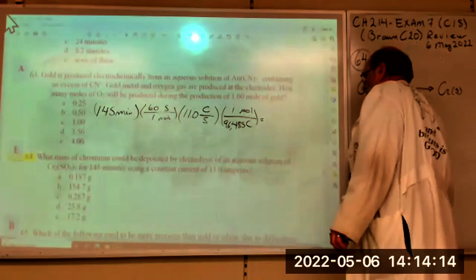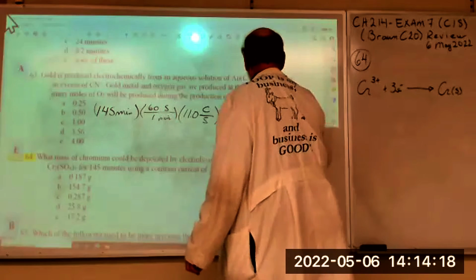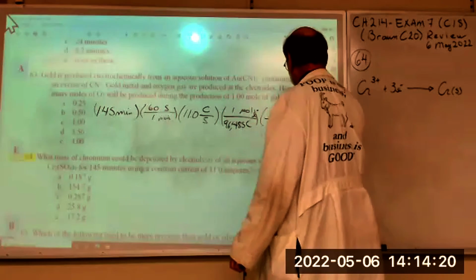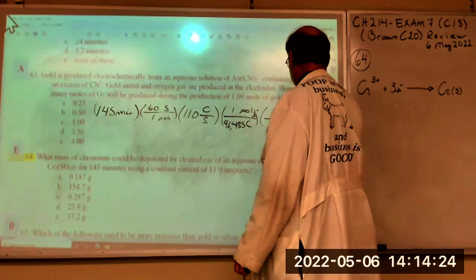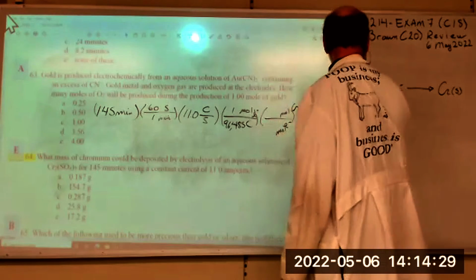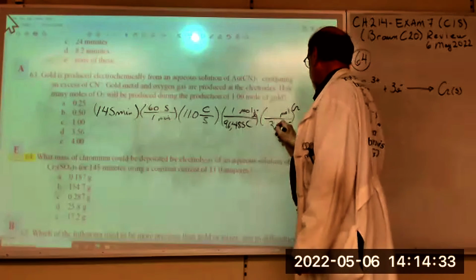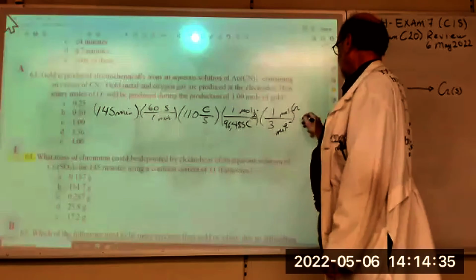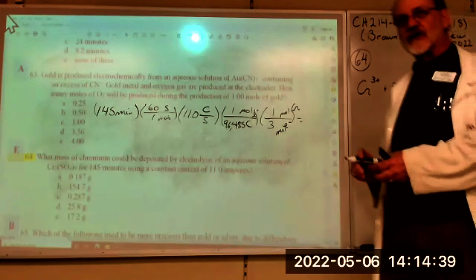That's moles of electrons. And then convert moles of electrons to moles of chromium. So for every 3 moles of electrons, you get 1 mole of chromium. So that'll give us the number of moles of chromium in one calculation.